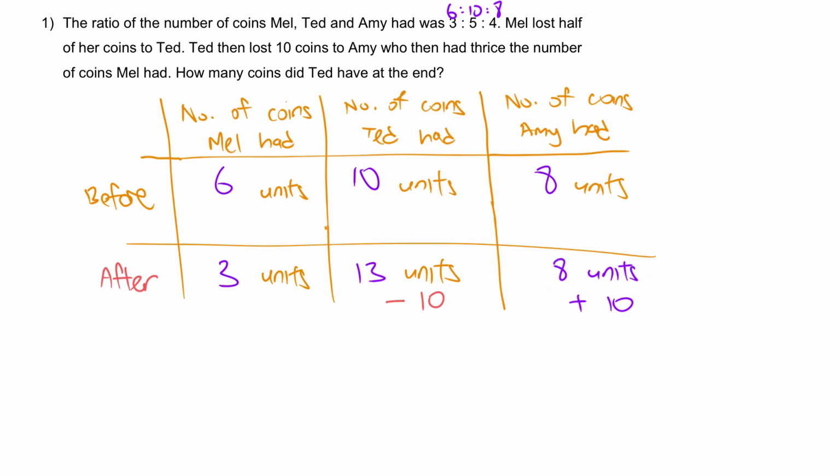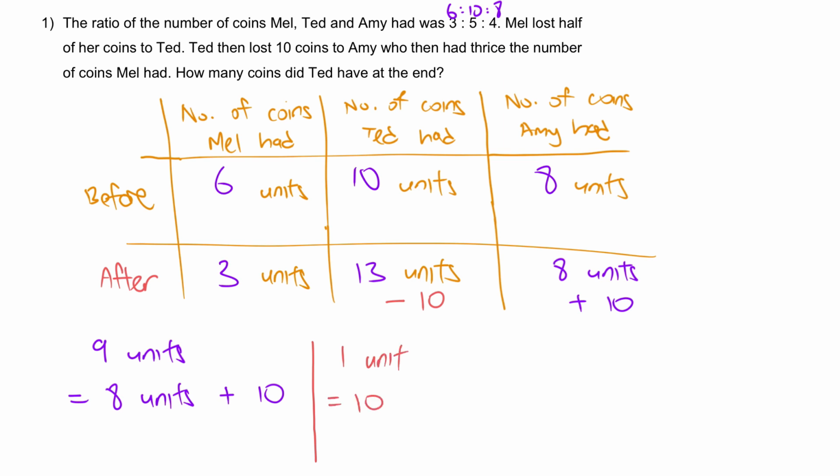So 3 units multiplied by 3, I will get 9 units, which is equal to what Amy had, 8 units plus 10. So what can we say about this 10? This 10 must be equal to 1 unit. Okay, 10 coins is equal to 1 unit.